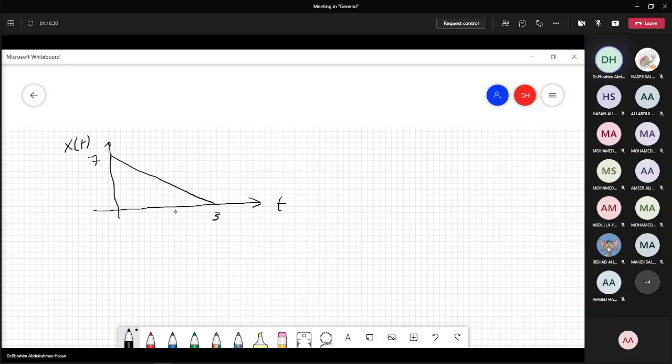Of course this is clear. It can be written as 7u minus 7 over 3 r of t, plus 7 over 3 r of t minus 3.